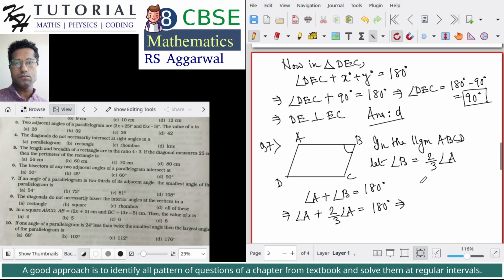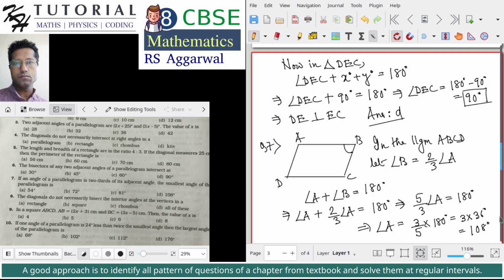Simplifying the left hand side, we get 5/3 angle A is equal to 180 degrees. So angle A will be equal to 3/5 multiplied by 180 degrees, which is 3 into 36 degrees, equal to 108 degrees. So angle A is 108 degrees.